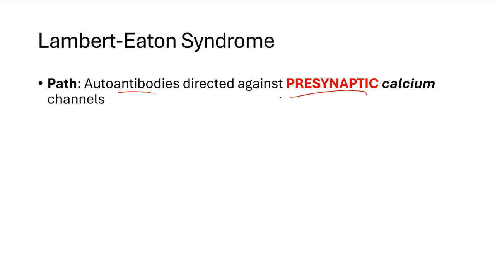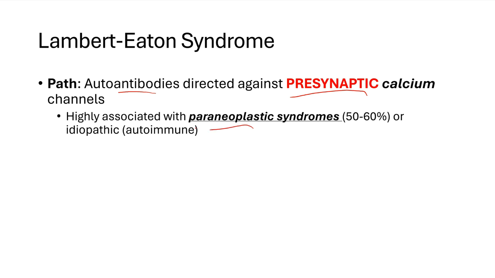Remember, calcium needs to influx into the presynaptic terminal in order to release acetylcholine. No acetylcholine, no muscle movement. This is highly associated with paraneoplastic syndromes. In roughly 50 to 60% of cases, we see that. Other causes can be idiopathic, like autoimmune, but usually Lambert-Eaton syndrome is caused by something else.